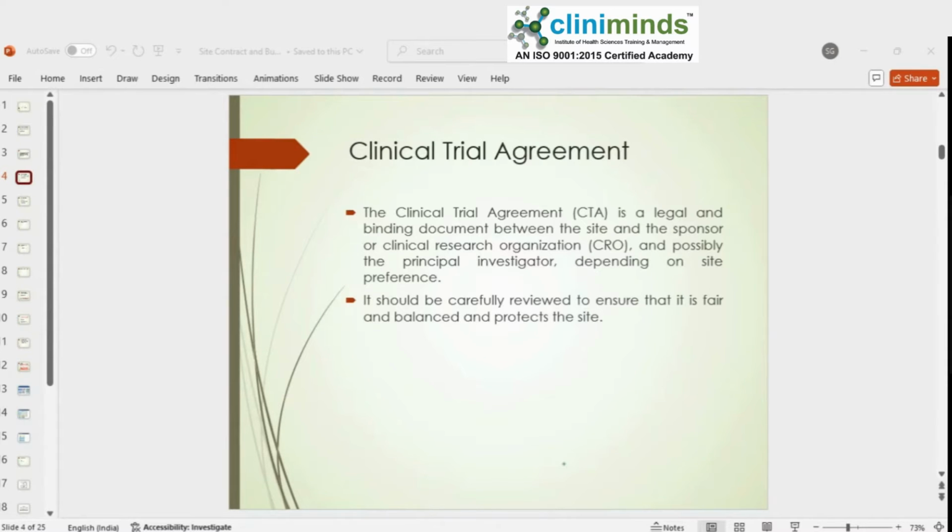There should be no hidden procedures that are not mentioned, and later come up, and the sponsor is not ready to pay for those services. So that's why it is very important for the site to go through the contract very carefully and make sure that it is a win-win situation for both of the parties.